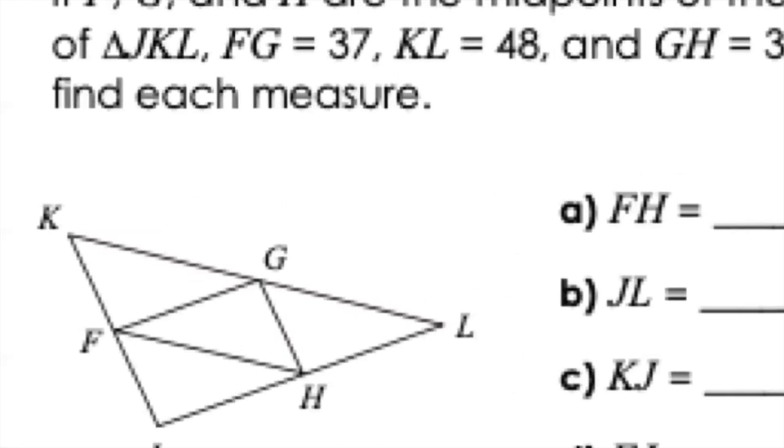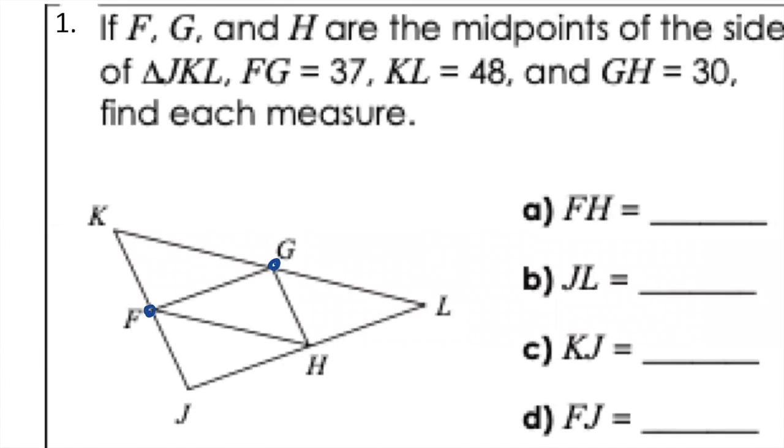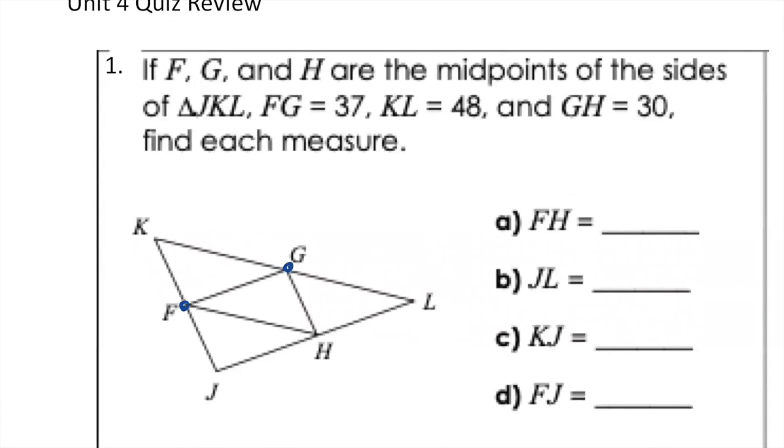To be a midsegment, it's a segment joining the midpoints of two sides of our triangle. And a midsegment is half the length of the corresponding third side.